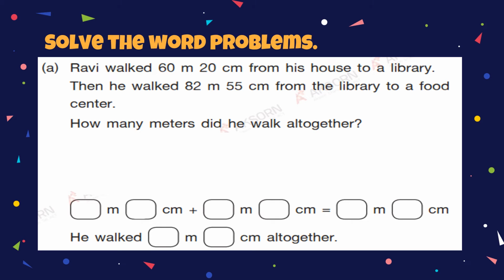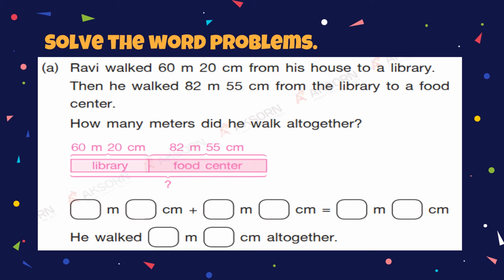Can you see the keyword here? Altogether means we're going to add. First we're going to draw a model to solve the problem. We have 60 meters and 20 centimeters plus 82 meters and 55 centimeters.